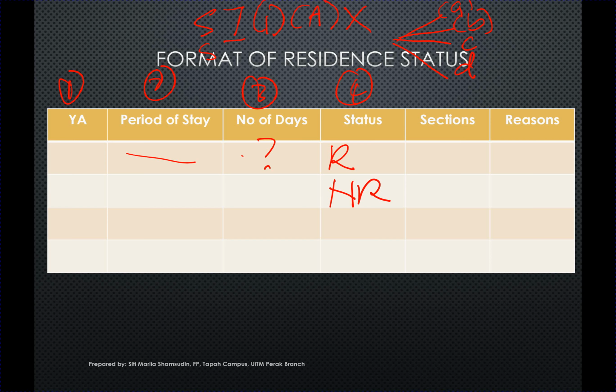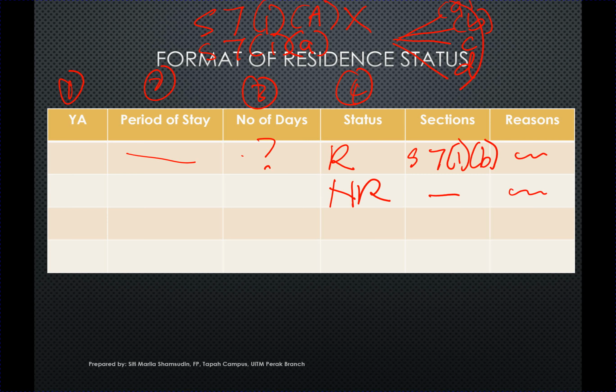It needs to be section 7, 1A kecil. Okay, so yang ni kena tulis lah, dia jadi resident by reference to which section. Awak kena tulis macam ni, section 7 1A ataupun section 7 1B ke apa. Kalau dia non-resident, maksudnya tak ada satu section ni pun yang dia boleh pakai, so tak adalah.